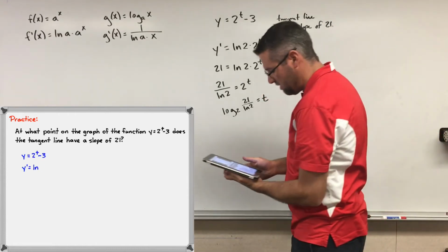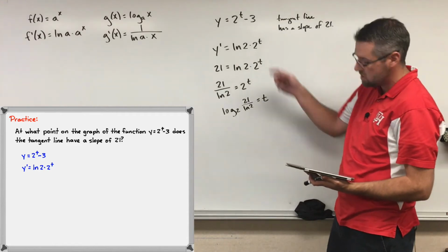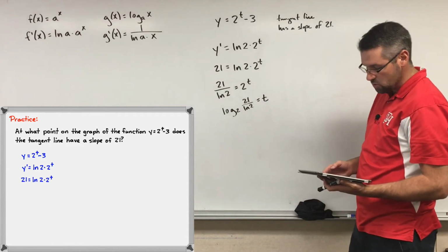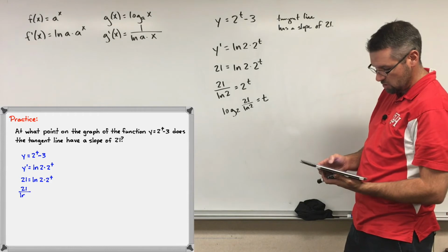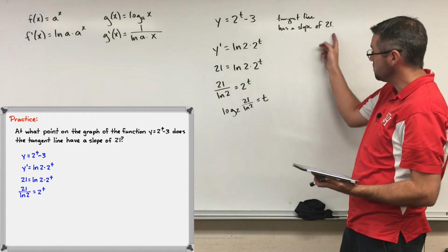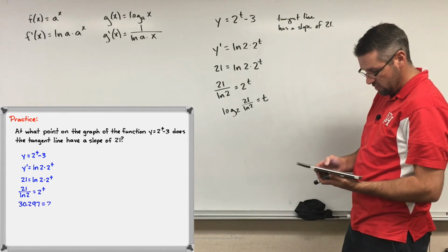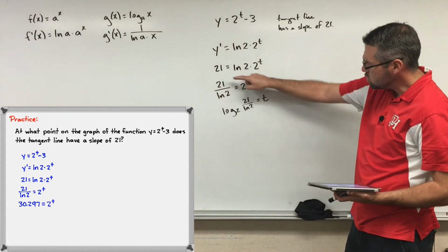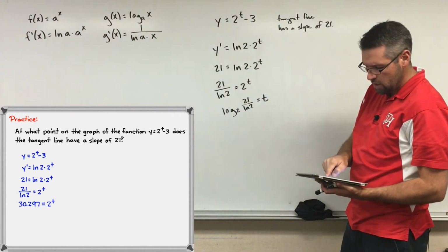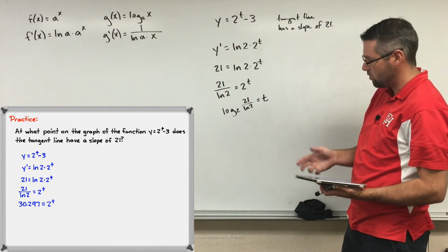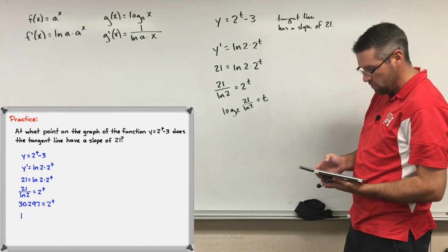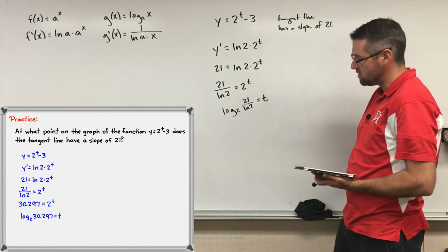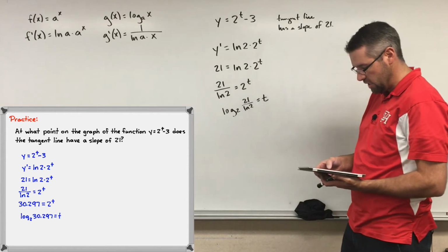Again, the derivative is natural log of 2 times 2 to the t, and we would say 21 equals natural log of 2 times 2 to the t because we're plugging 21 in. And then solving for that, 21 over the natural log of 2 is 30.297 with your calculator. And then we would take the log of both sides, so it would be log base 2 of that 30.297.